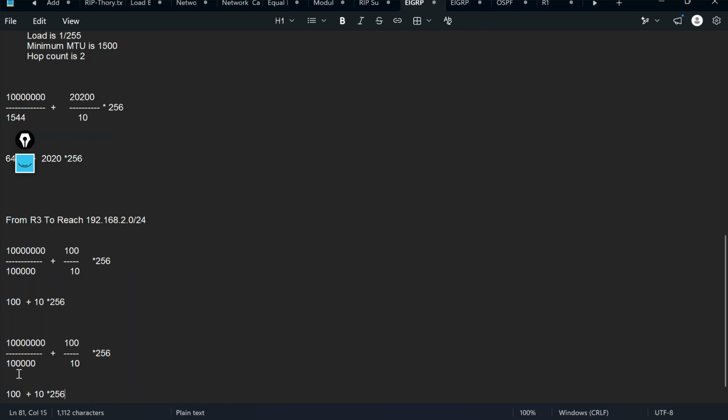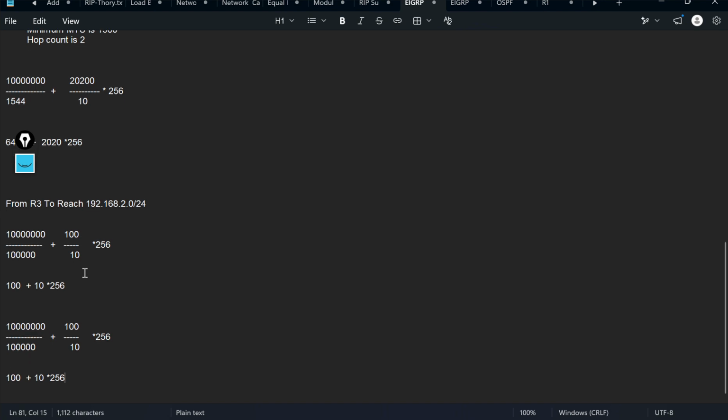From R2, network 192.168.2.0, delay 200.